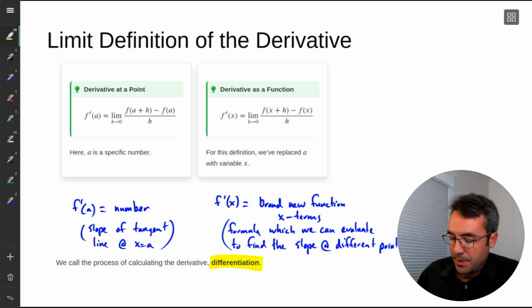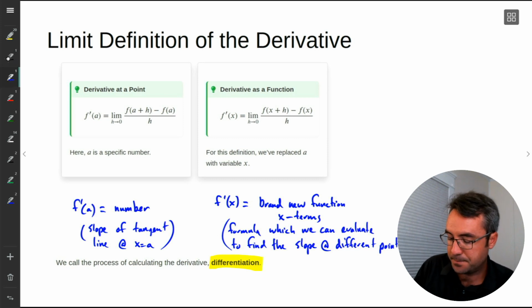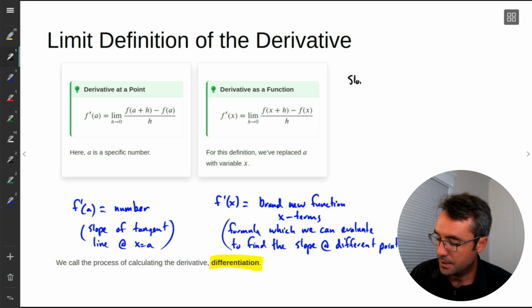All right, so we've seen these limits before in the last learning outcome. Let's just remember what they were. So we've mentioned one: the slope of the tangent line at x equals a.